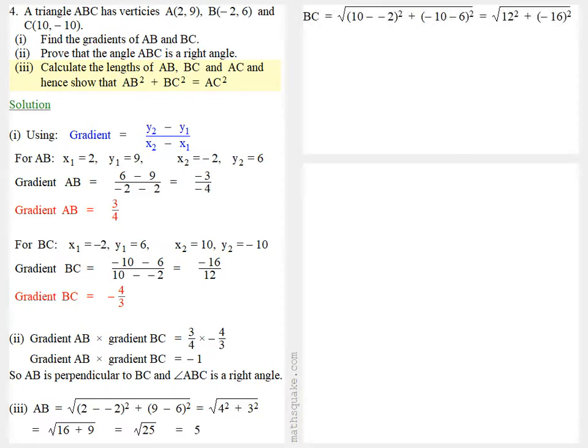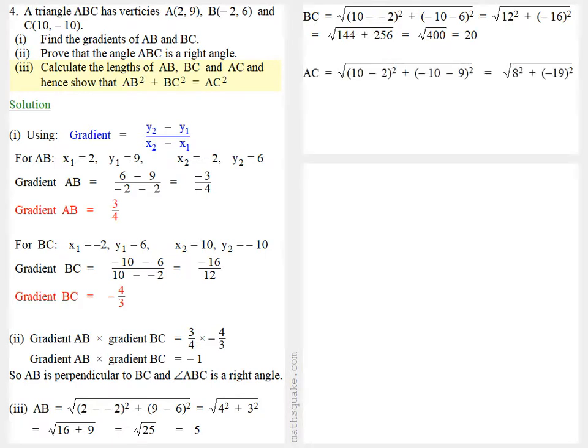For BC, the length is the root of 10 take away minus 2 all squared plus minus 10 take away 6 all squared, which is the root of 12 squared plus minus 16 squared, which is the root of 144 plus 256, or the root of 400, which is 20.